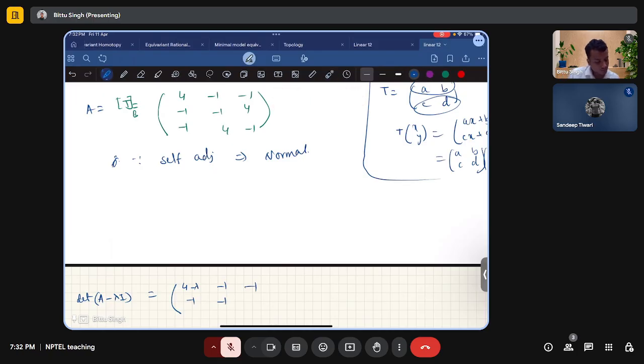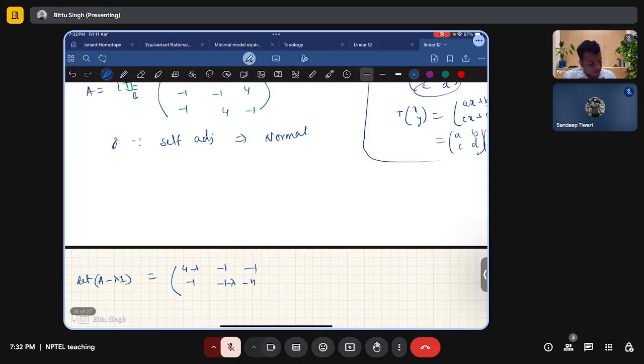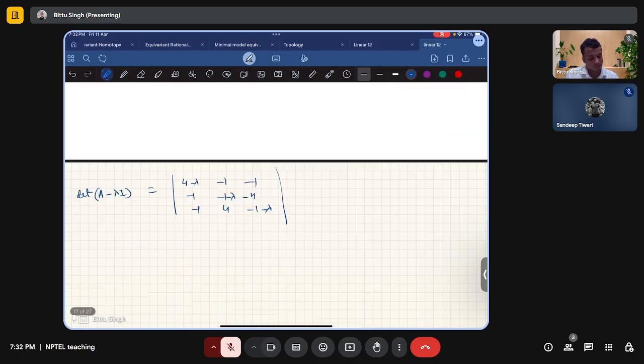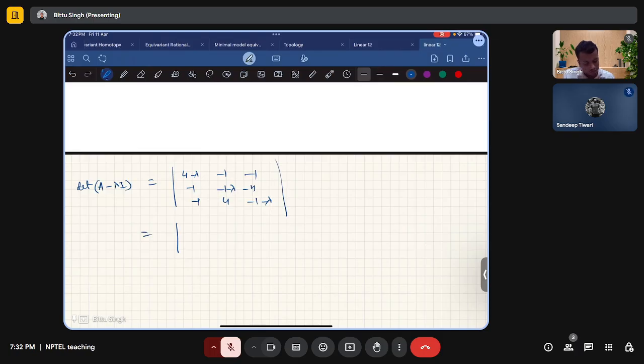Okay. So let me do it in the earlier manner. 4 minus lambda, minus 1, minus 1, and then minus 1 minus lambda. This is minus 4, and then this is minus 4, and now we do R3 minus R2.